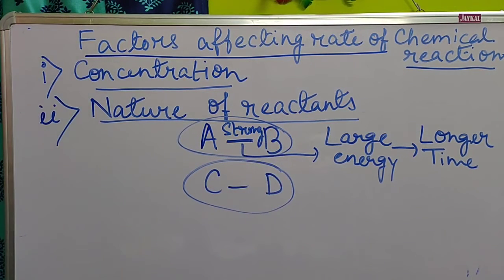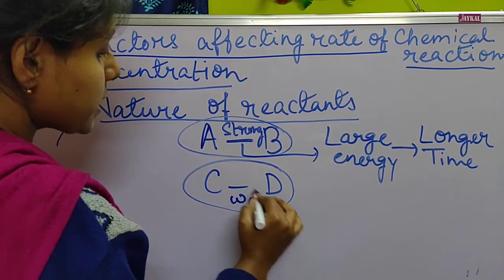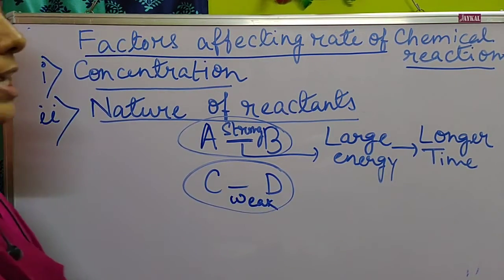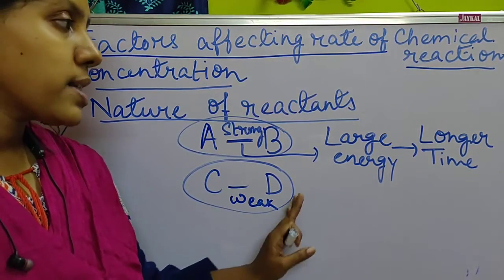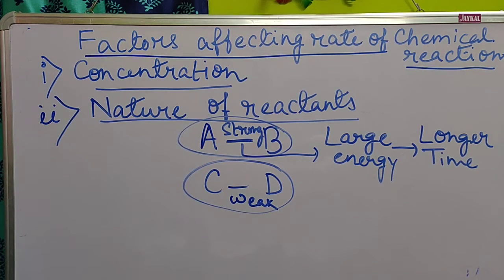If the bond between two atoms is strong, it will require a large amount of energy as well as a longer time to break the bond. But if the bond is weak, it can easily be broken by applying a small amount of energy, and it will require a short period of time.